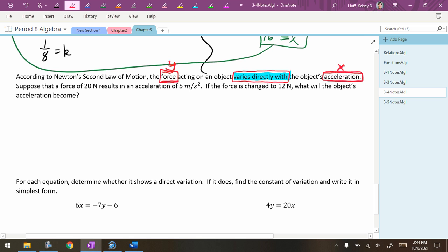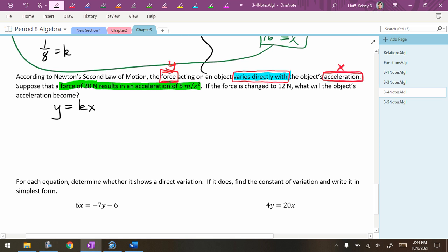We're going to follow the same process as before, but they didn't say x equals this and y equals this. They tell us a force of 20 results in an acceleration of 5. So in our y equals kx, how do I know what number goes in for y and what number goes in for x?